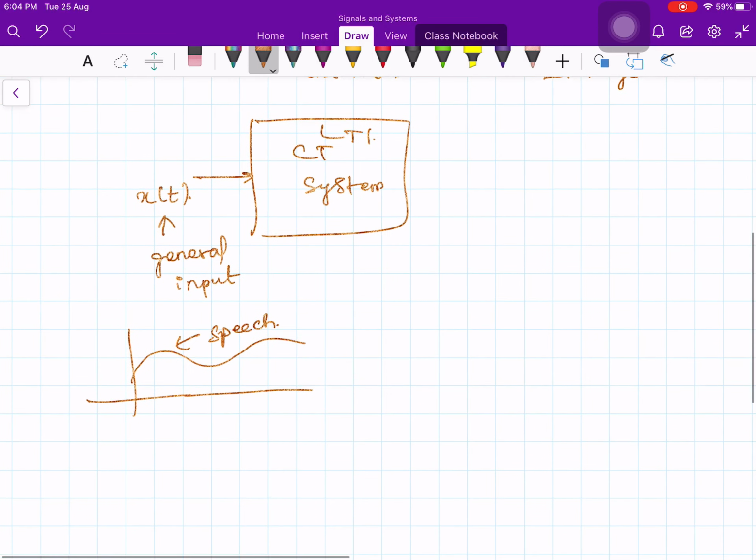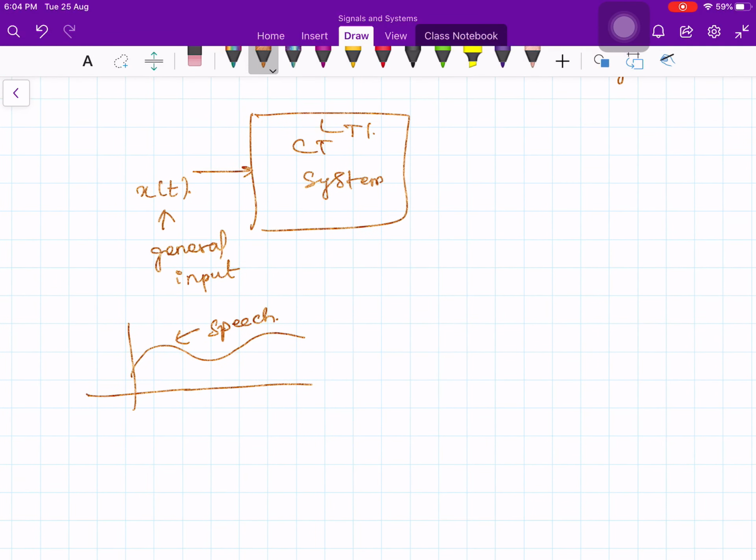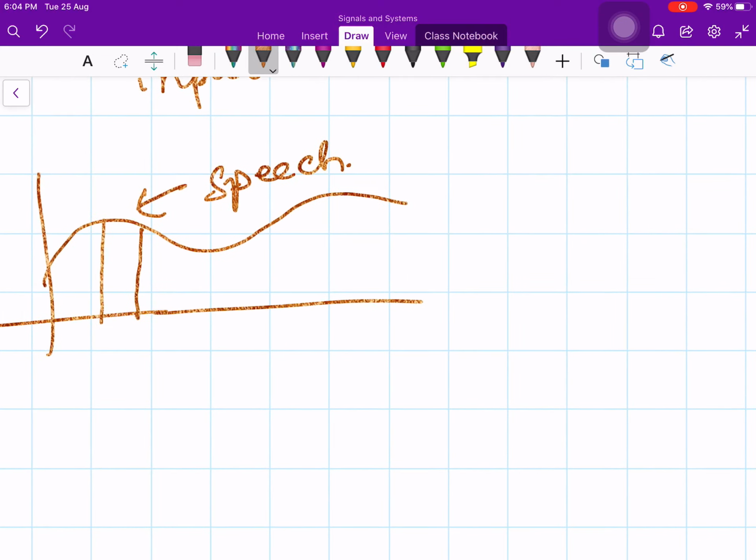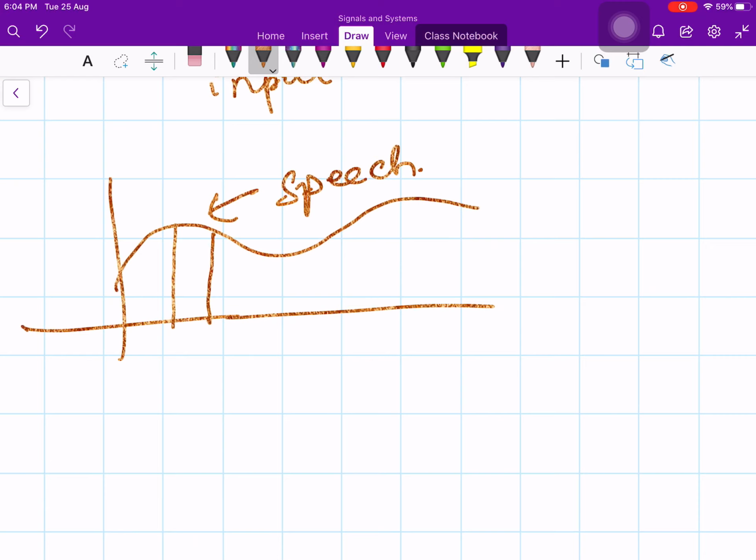you can consider a small narrow section here. Let me enlarge it so that it is easy to visualize. This is t, x of t, and this one is the width, let's say delta tau.